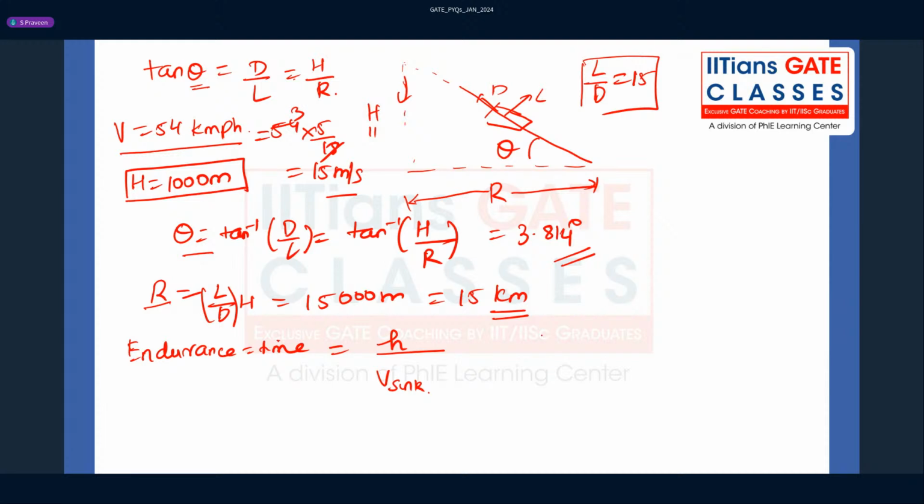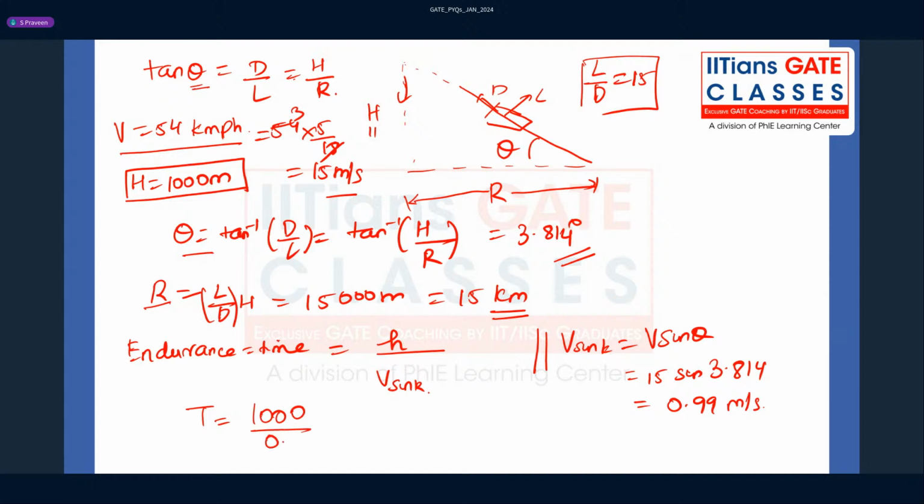The sink speed is given by v times sine of theta. So it is 15 times sine of 3.814, and that comes to around 0.99 meter per second. Therefore, the time is h by 0.99, which is 1,000 by 0.99, and that comes to 1002.2 seconds.